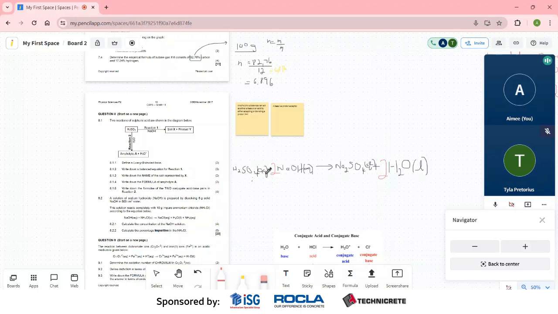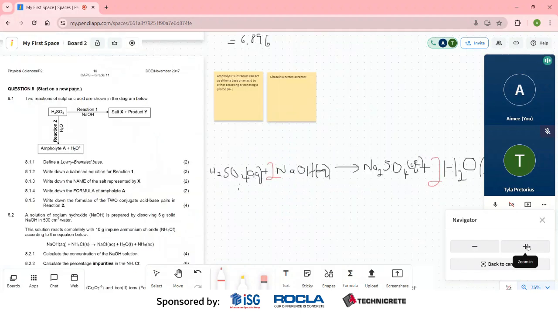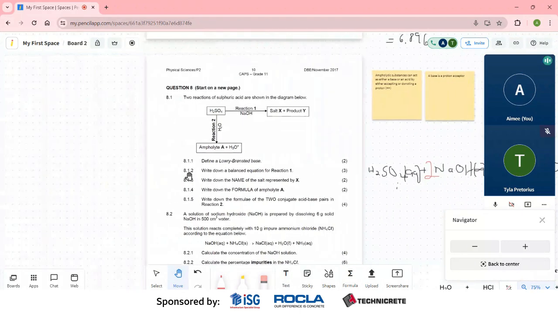I'm sorry it's a bit messy here. This is just the states that I've given here, aqueous. So it's H2SO4 aqueous plus 2 NaOH aqueous gives us Na2SO4 aqueous plus 2 H2O liquid. So that's the answer for that one. That's the answer for 8.1.2.